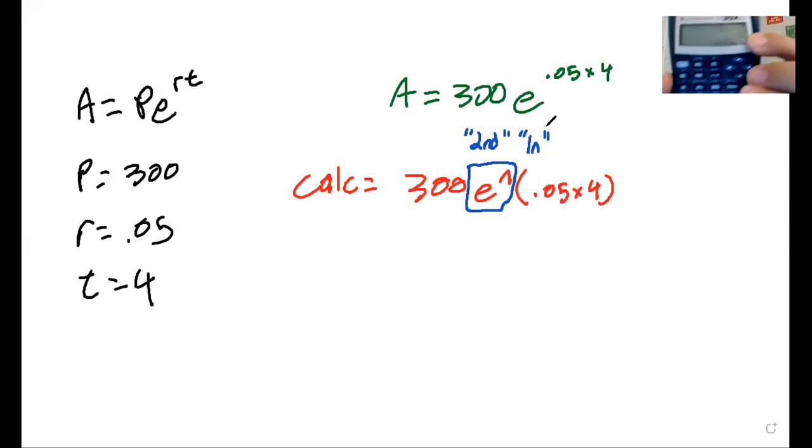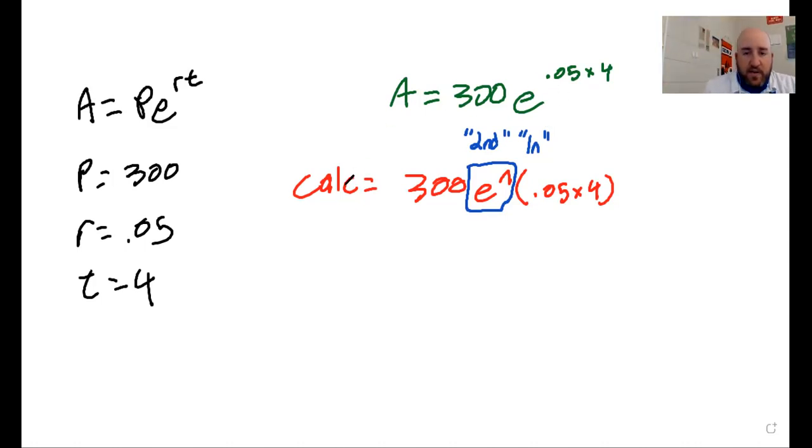Let's look at mine. I hit second, then ln, and there's the e to the x above it. I type 300, then hit second ln, and the e caret parentheses pops up. Then just 0.05 times 4. I close the parentheses, though honestly you don't even have to close them at that point. Then hit equals.